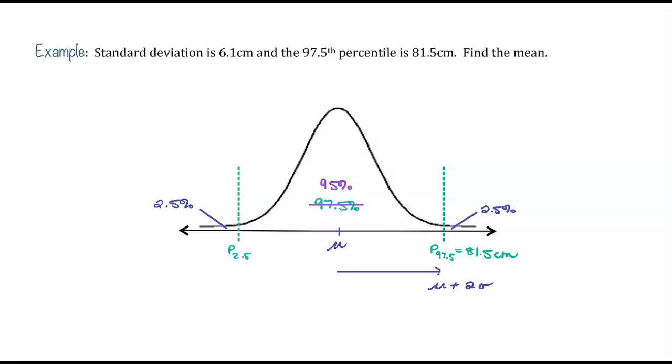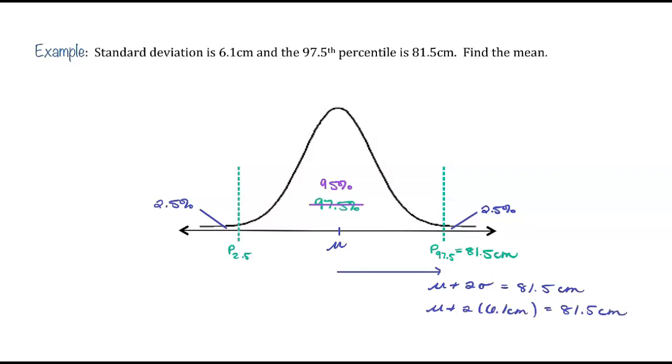This allows us to set up an equation. The mean plus 2 times the standard deviation is equal to 81.5 centimeters. And with a standard deviation of 6.1 centimeters, we have that the mean plus 2 times 6.1 centimeters is equal to 81.5 centimeters.